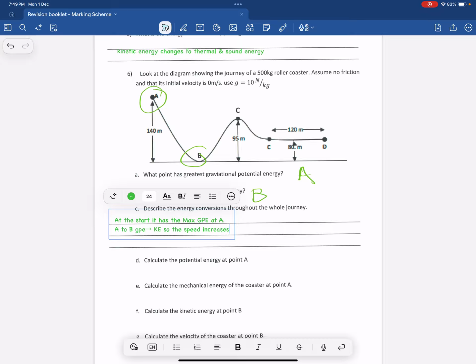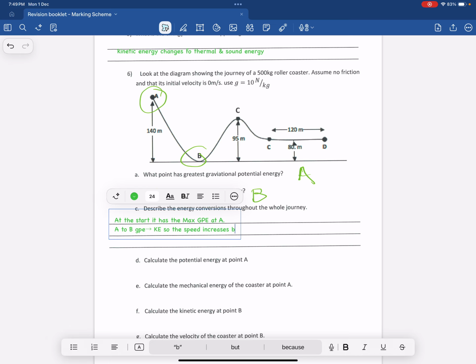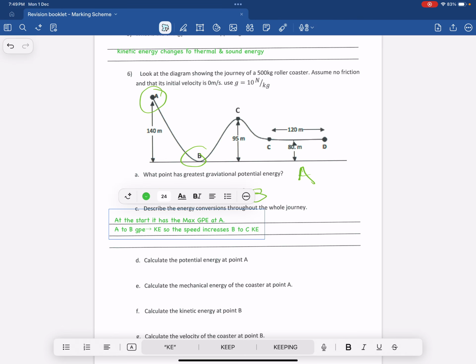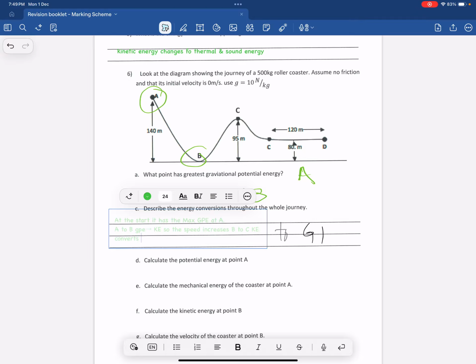And when you're going uphill again, B to C, what happened? Kinetic energy converts to GPE.